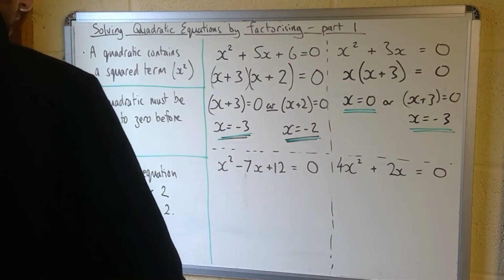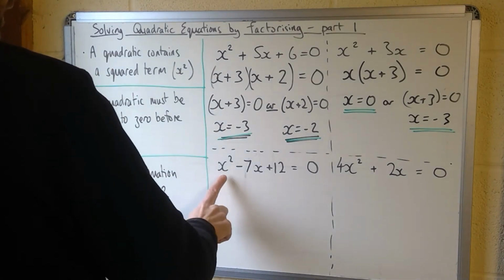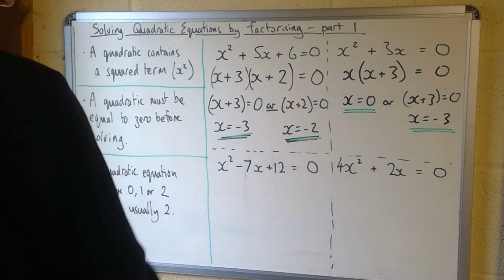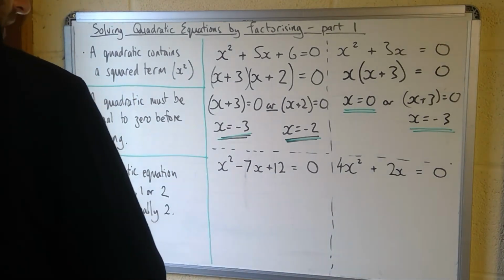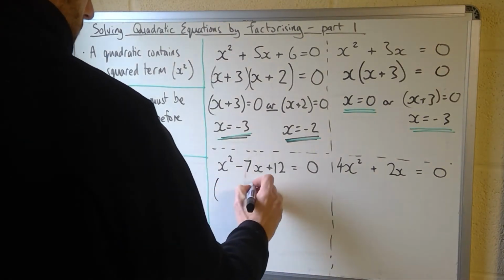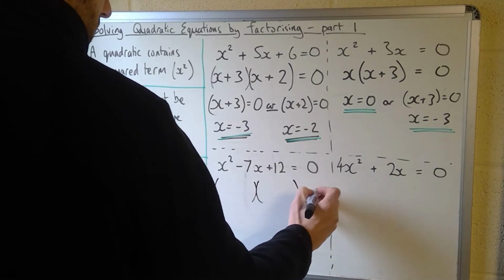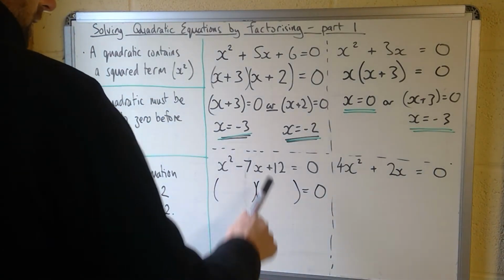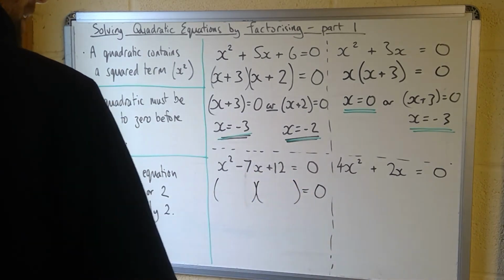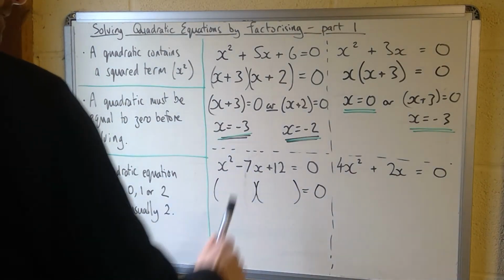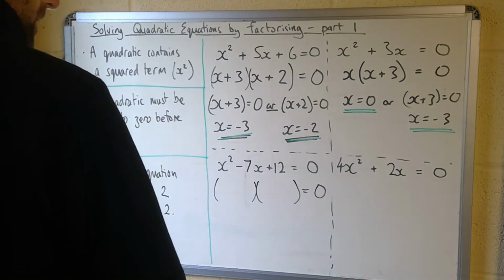This third one is similar to the first one, and this is the most common type you'll see, with a quadratic term, a linear term, and a constant. So I need to factorize this into double brackets. This time they need to multiply to make positive 12 and add to make negative 7. Very important that you don't get your signs mixed up here.